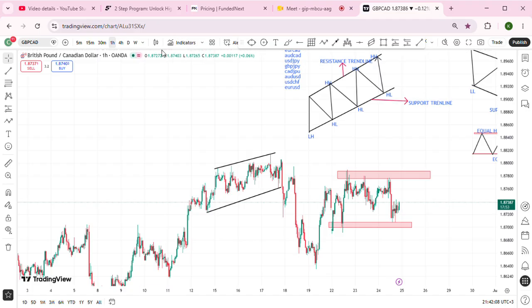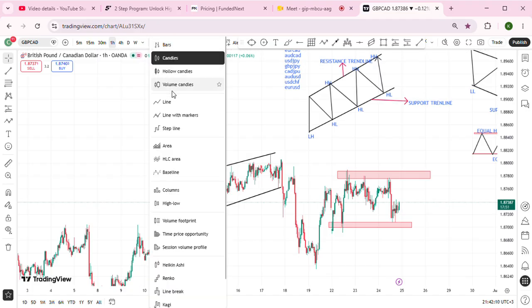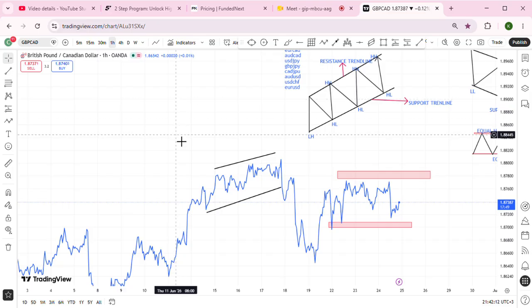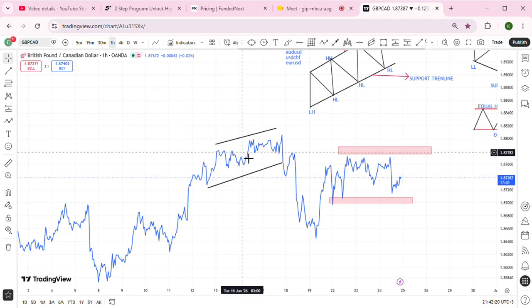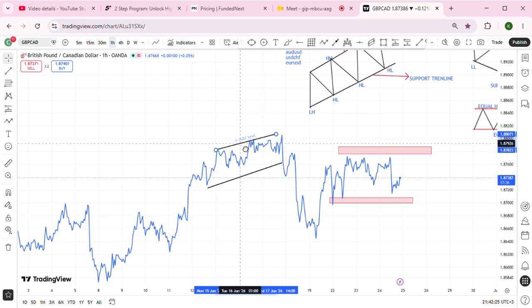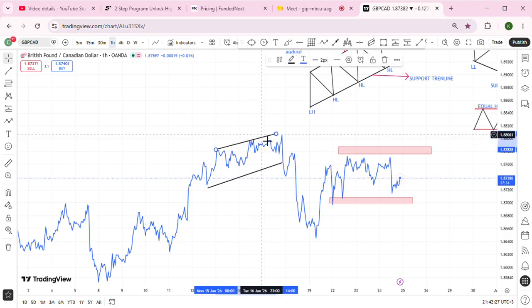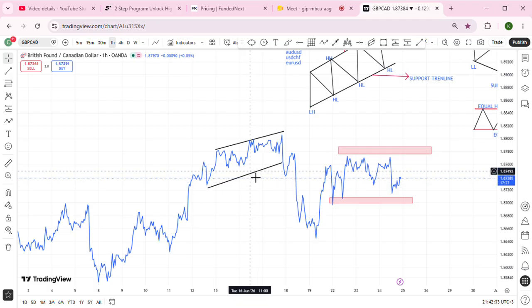Again, the other thing you can do, if you are not in a good position to deal with this, you can change your chart from a candlestick to a line graph. I hope you can clearly see it when it's in a line graph. So when it comes to a line graph, you will place your trend lines on those levels where you see the market is giving touches.